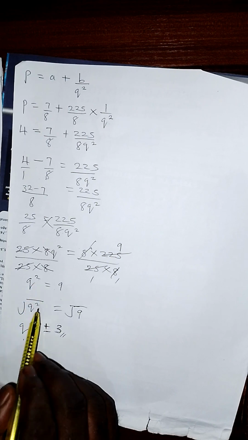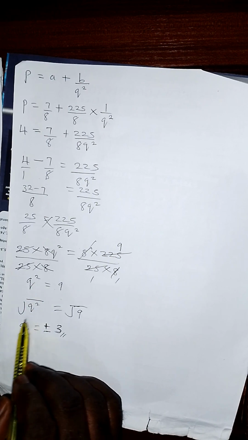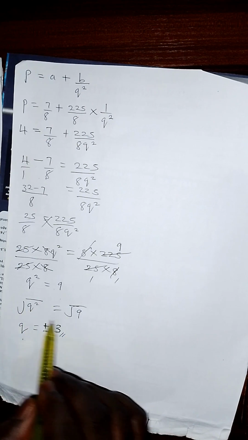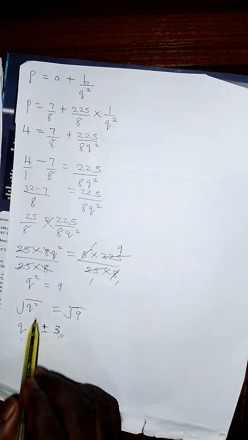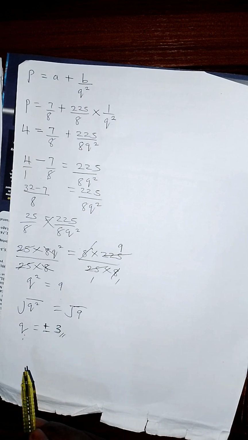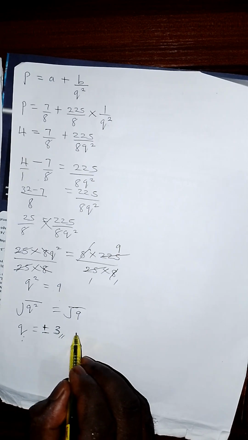To cancel square, you use square root, and to cancel square root, you use square. So I want to cancel square, so I introduce square root, and that square root automatically will go. This will go. So you have this. And the square root of 9 is either plus 3 or minus 3. Or simply put, you can say 3. And that's how that question has been taken care of.